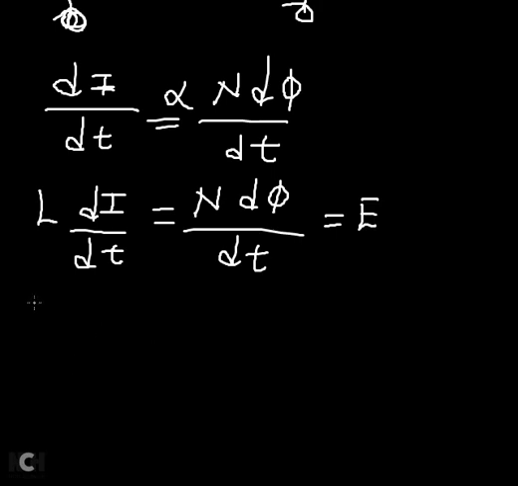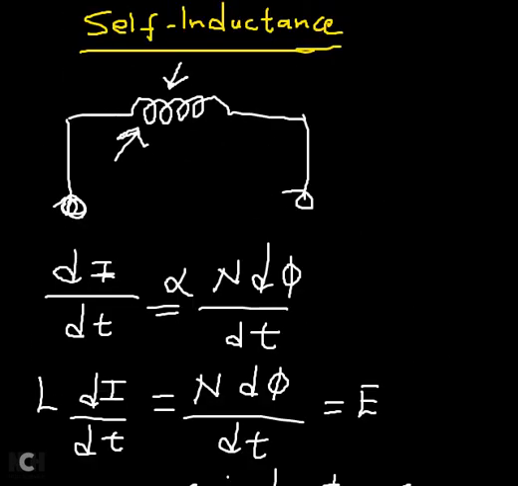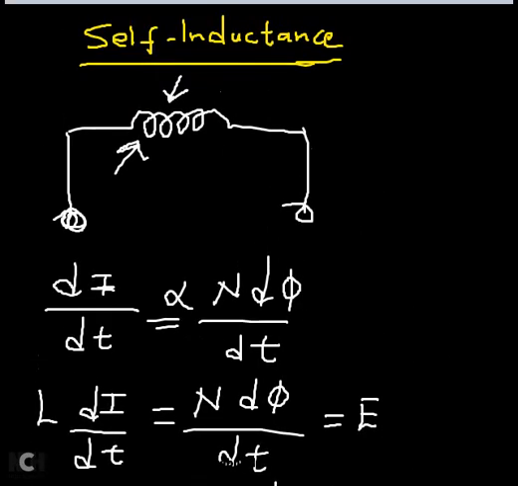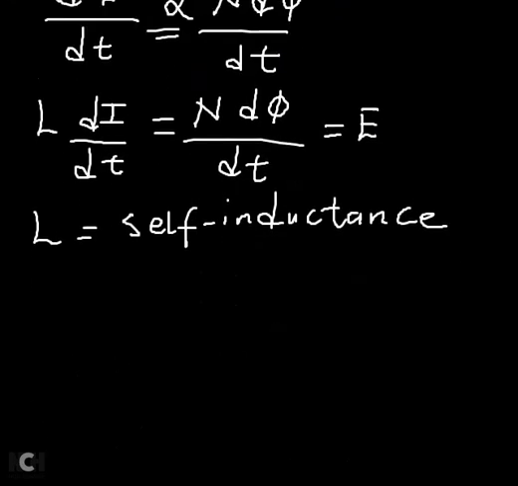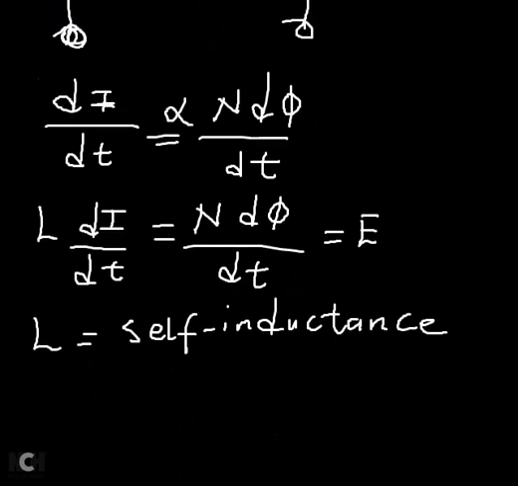So the L here is what is known as self-inductance. This is the EMF. This is the process by which EMF is induced in a coil due to the change of current with respect to time in that same coil, right? That is why it is called self-inductance.